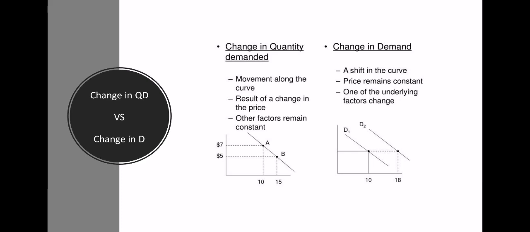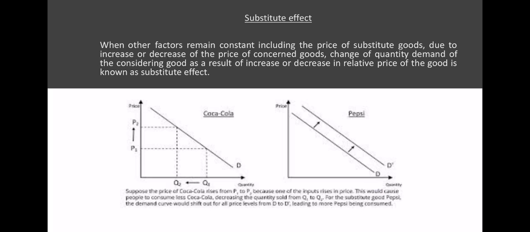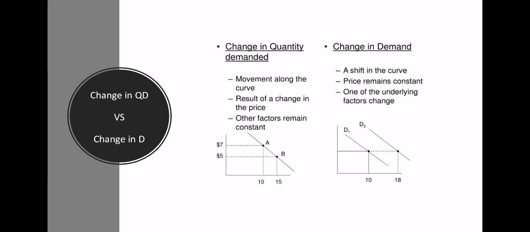So basically for Pepsi, one of the determinants of demand is prices of related goods. Now Coca-Cola is a related substitute good. So when the price of the substitute good increases, the demand for this considered good, that is the demand, not the quantity demanded, increases, causing the curve to shift outwards.